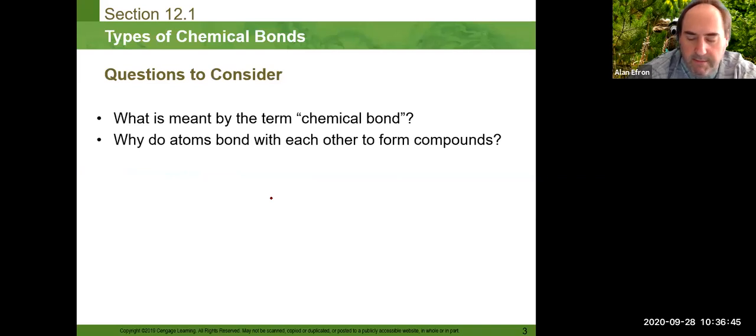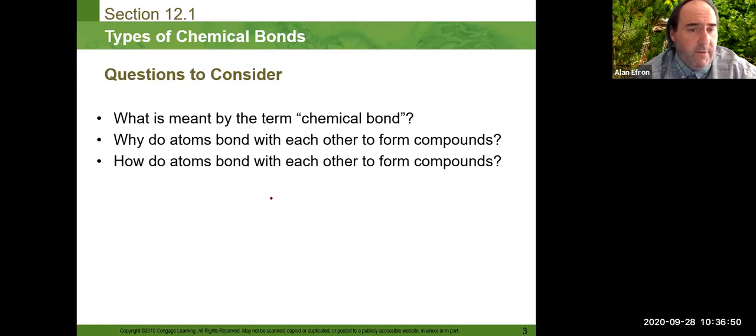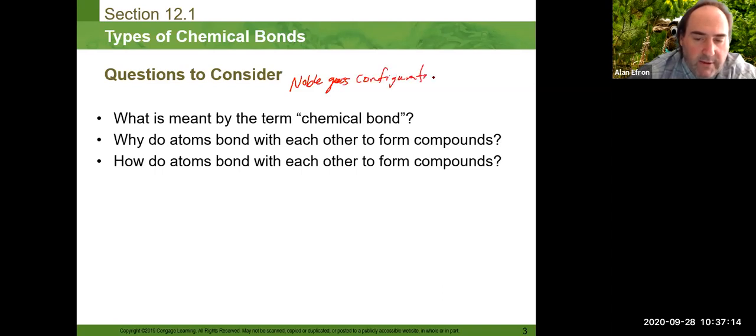So when we talk about a chemical bond, why do bonds form? What's the purpose of it? We talked a little bit about it when we were talking about electron configuration. Really, one of the main reasons that bonds form is that the ultimate goal is for everybody pretty much to get to that noble gas configuration, where they end up with the same electron configuration as the noble gases.